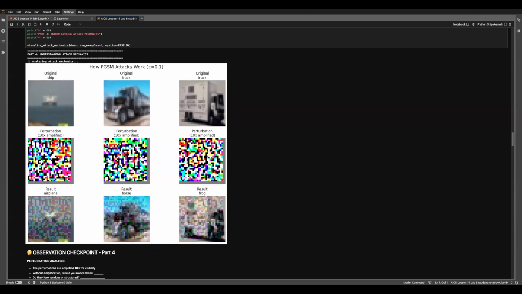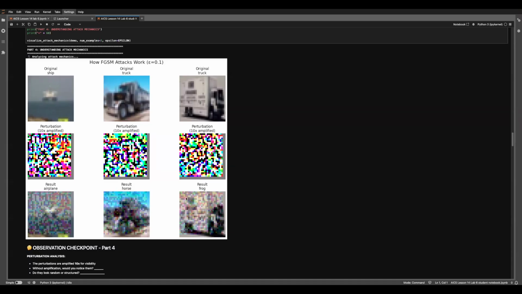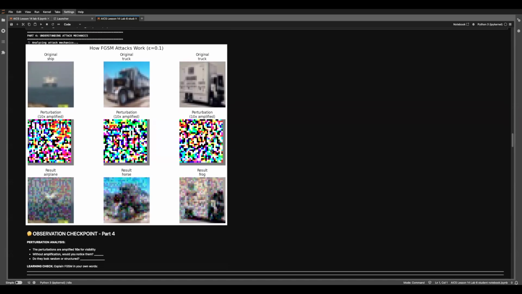But you can see the result, right? You can see that pattern, like I've got this green square up in this corner of the original truck on the right hand. And then if I look down in the result where it says it's a frog, I can still see that same kind of green square, but it's mashed up with the gray. That's what's going on with respect to this.